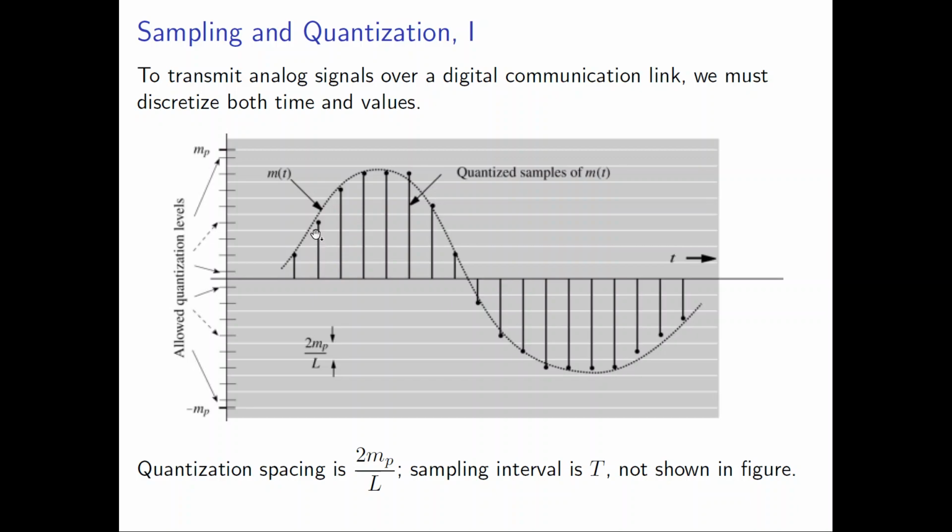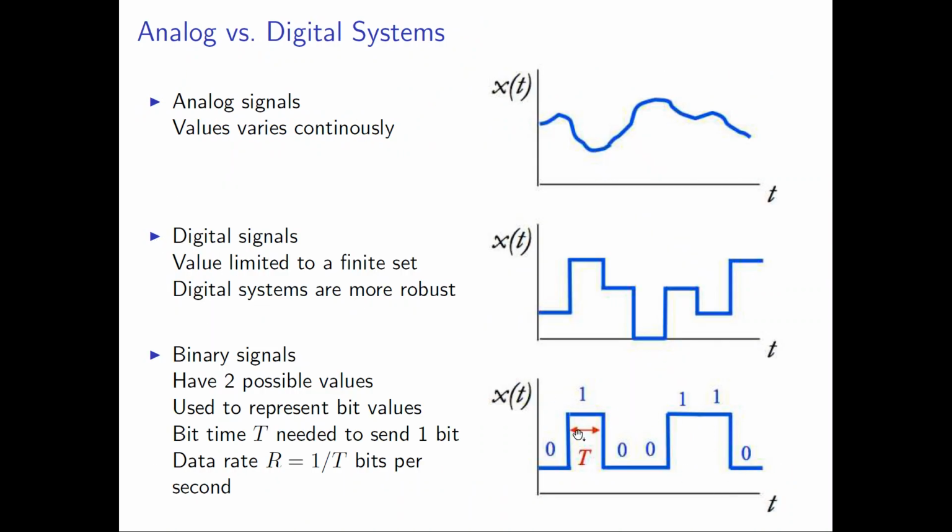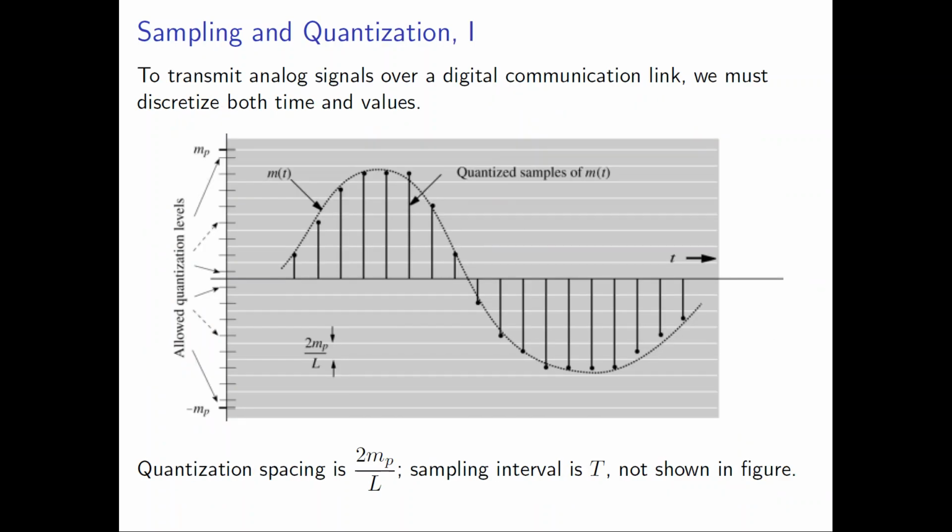By doing so, you get points. You convert these points into numbers, bits, zeros or ones. Then you carry these bits via an electrical signal like this one. This is how, for example, you can convert your speech signal or analog signal into an electrical signal that's suitable to be transmitted over Ethernet, over the internet, over the wireless.